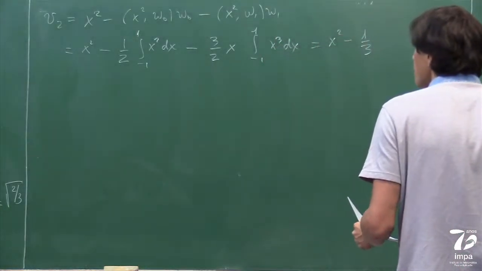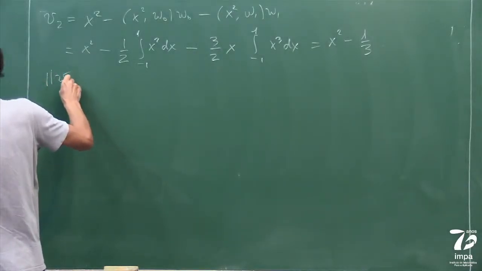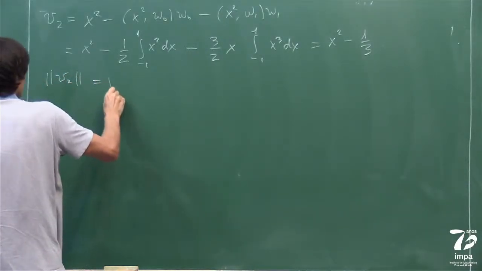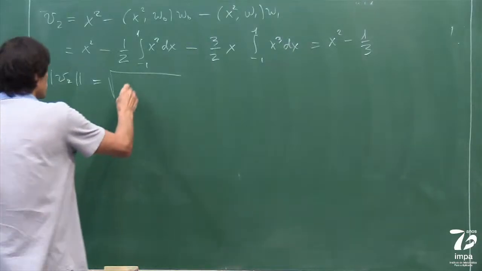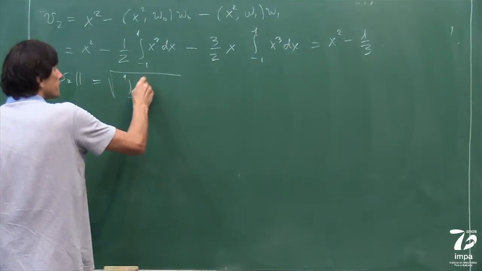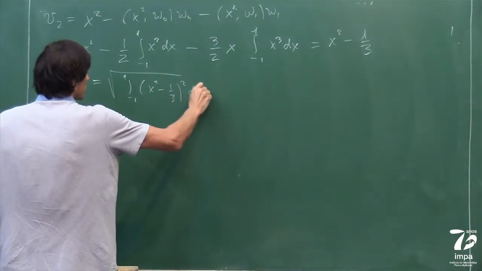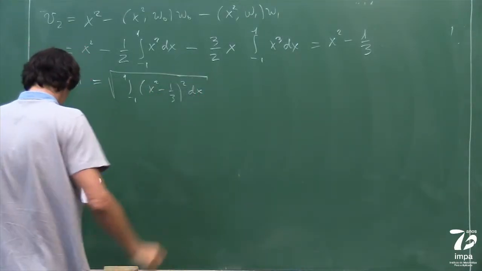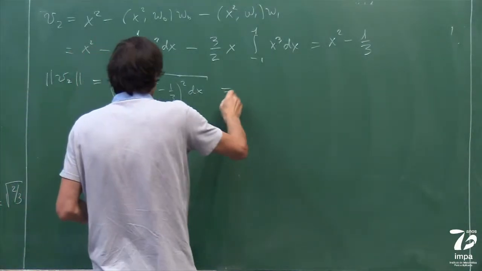Good. And then we also need a norm. So the norm will be the square root of the integral from -1 to 1. This you can copy by yourself.